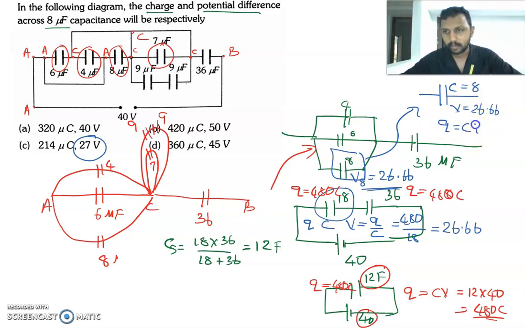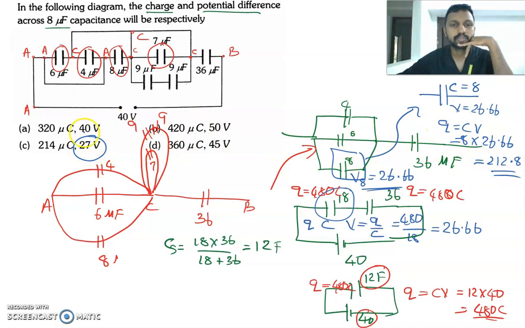Therefore, Q is equal to CV, that is C is 8 into V is 26.66, and if you solve this, we will get 2112.8. Then this Q is near to this value. If you take V as 27 and solve, I think you will get approximately this value, therefore this is the answer.